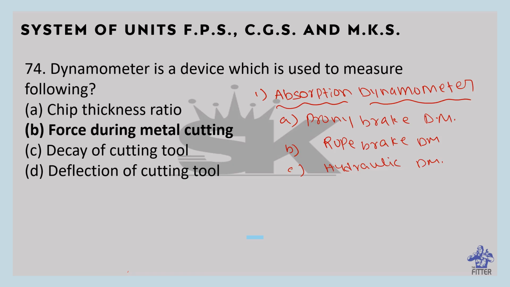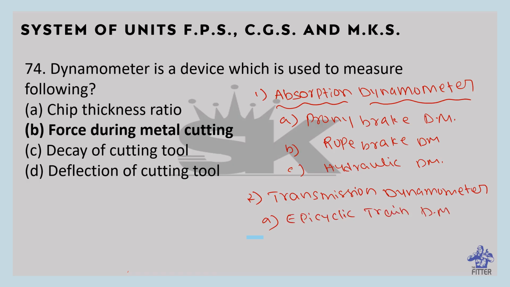And the second type is the transmission dynamometer. In that, examples are the epicyclic train dynamometer, and the torsion dynamometer, belt transmission dynamometer.